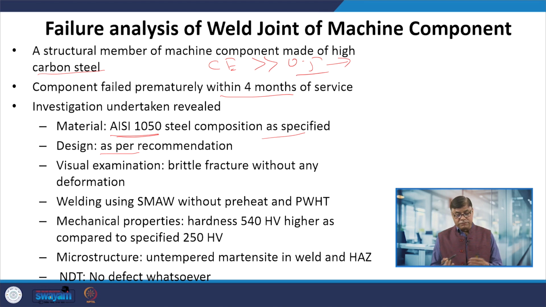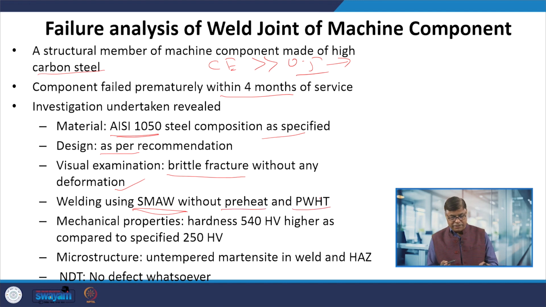Visual examination of the failed weld joint indicated brittle fracture without any sign of deformation. So, this indicates the embrittlement tendency. Welding was done using SMAW electrodes, shielded metal arc welding, without preheat and post weld heat treatment.